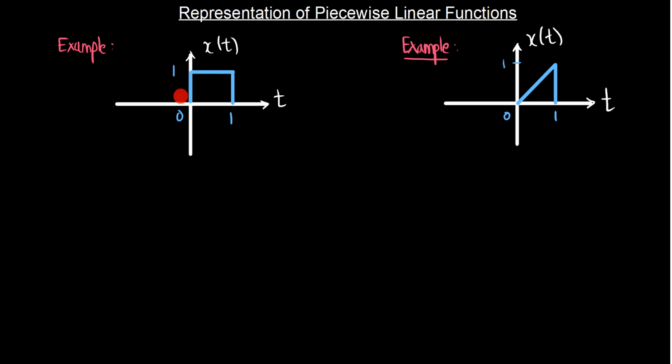If we need to represent this pulse that we have drawn here with the help of signal u of t, we can easily see that we can represent this signal as, say, we are using u of t, that is 0 for t less than 0 and it is 1 for t greater than 0.